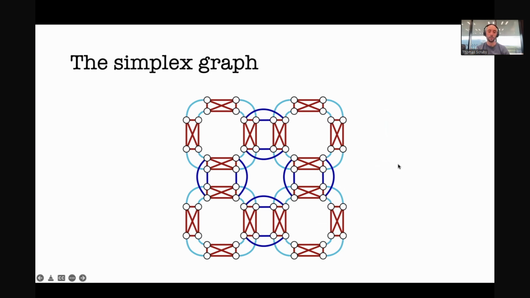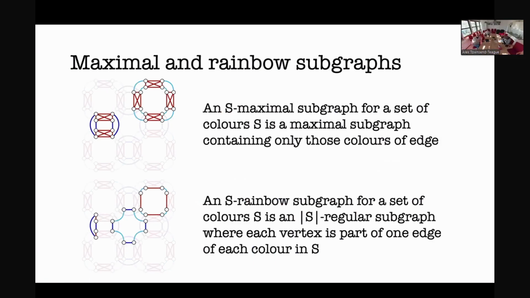And this is going to lead to some extra insights that you get from the graph that you don't get from the complex. And you'll see what these are in a little bit. Actually, you'll see what they are right now. So we have 2 kinds of subgraph that we're going to be particularly interested in.